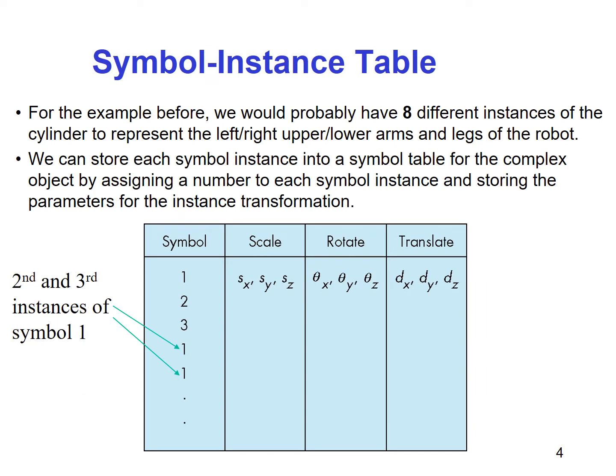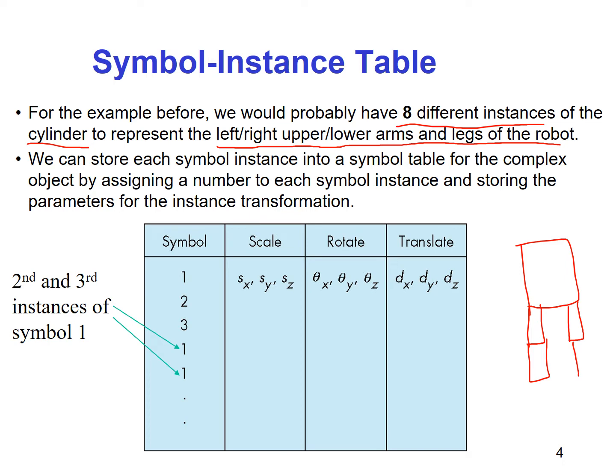These instance transformations are stored in a table. For example, for the example before, we would probably have 8 different instances of the cylinder to represent the left, right, upper, lower arms and legs of the robot. This is the torso of the robot, so we will have upper leg, lower leg, and then the left one, upper leg, lower leg, and then for the arms, upper arm, lower arm, upper arm, and lower arm.